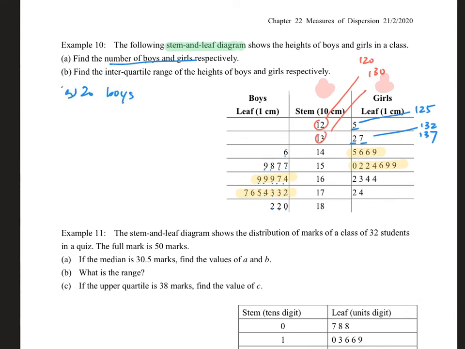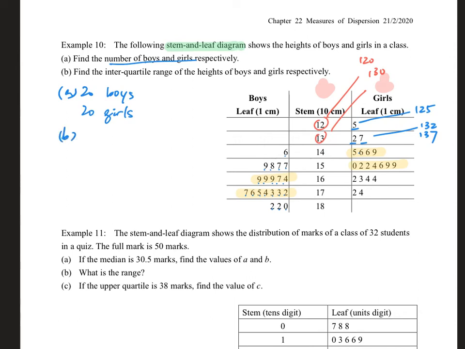For girls, you can count by yourself. Also 20 girls. So counting the number of data in the leaves tells you how many boys and girls there are respectively.